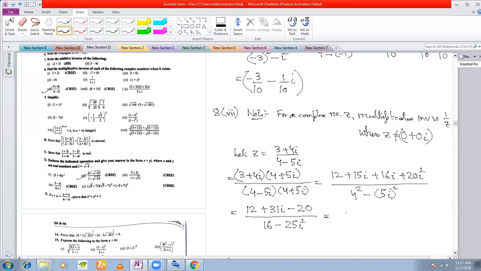So this is 12 minus 20 is minus 8 plus 31i, divided by, this is 16 plus 25, which is 41. You get minus 8 by 41 plus 31 by 41i. Okay. This is, we have written in the form a plus ib.